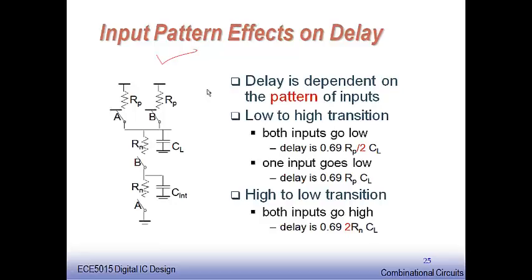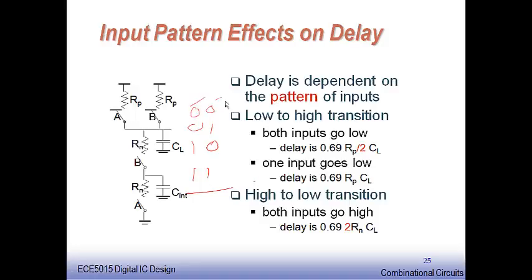Now we will discuss the effect of the input patterns we have for the gates. Here it is said the delay is dependent on the pattern of inputs. How is it going to be? Let us take different conditions: 0 0, 0 1, 1 0 and 1 1.